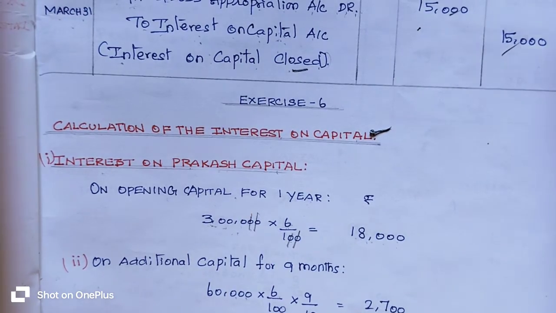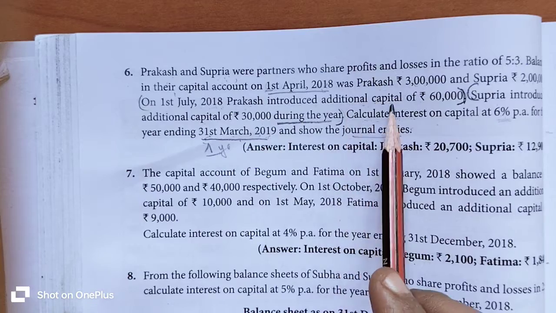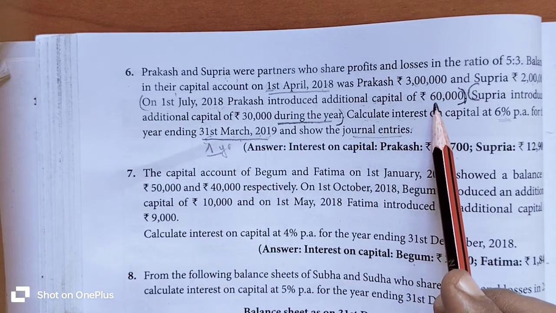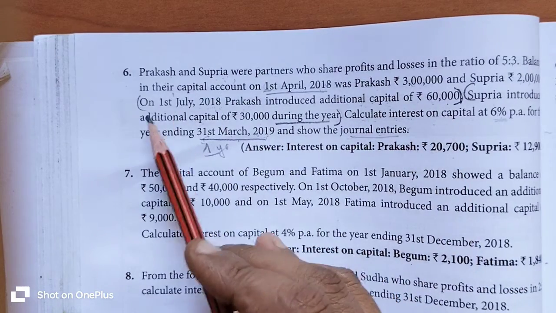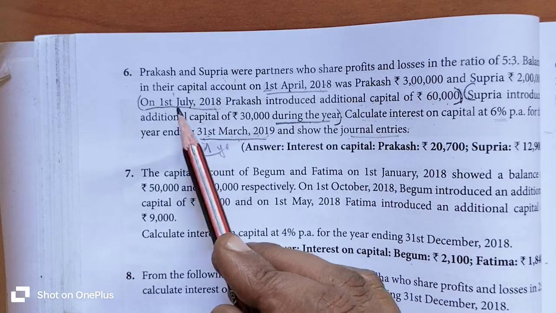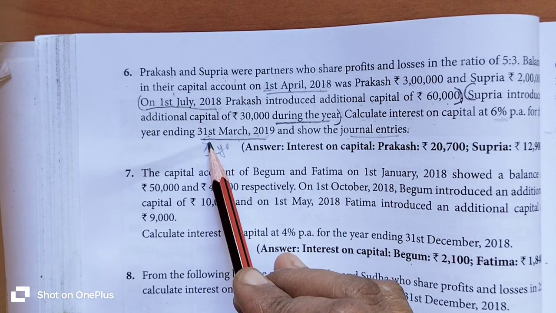And additional capital introduced: listen, Prakash introduced additional capital on 1st July 2018. How many rupees? 60,000 rupees. So the period is very, very important, on 1st July 2018. We have to calculate from 1st July 2018 to 31st March 2019.